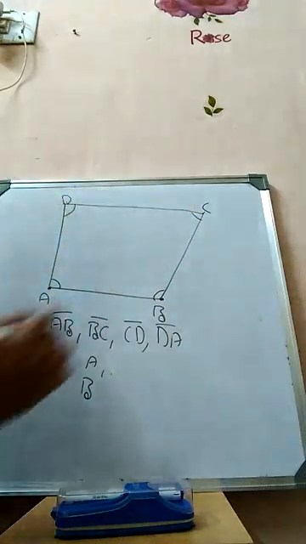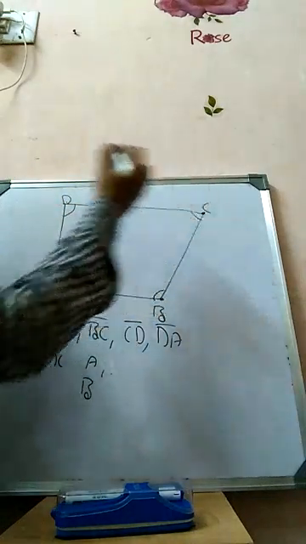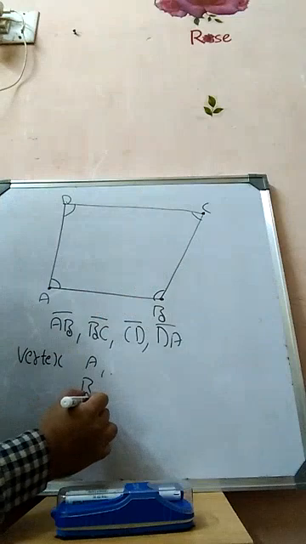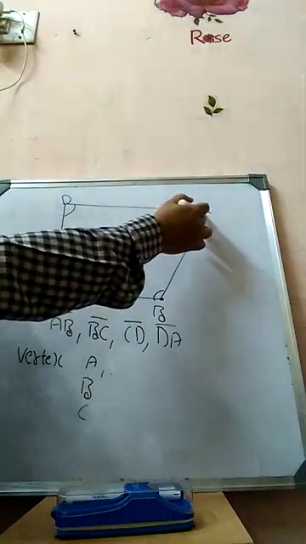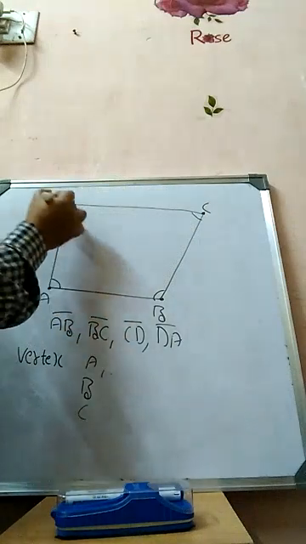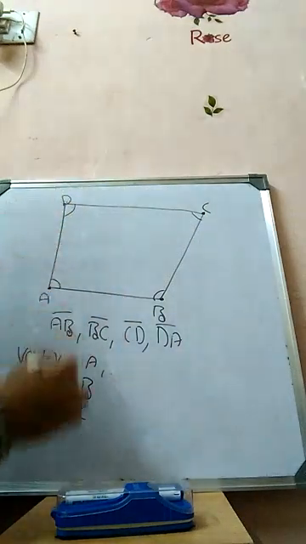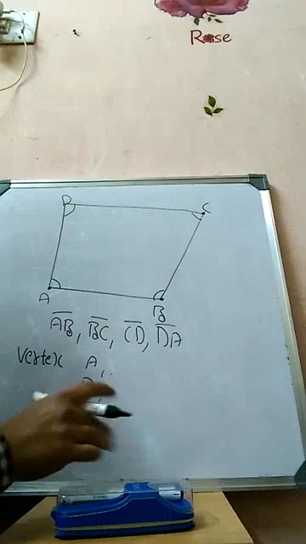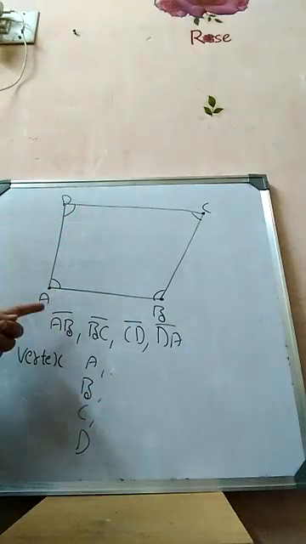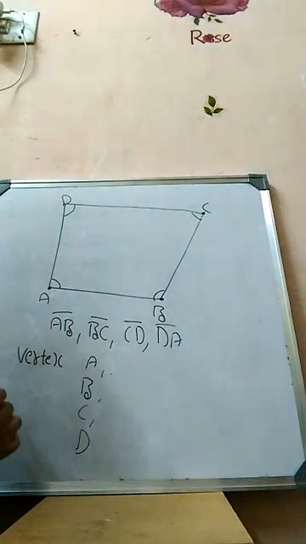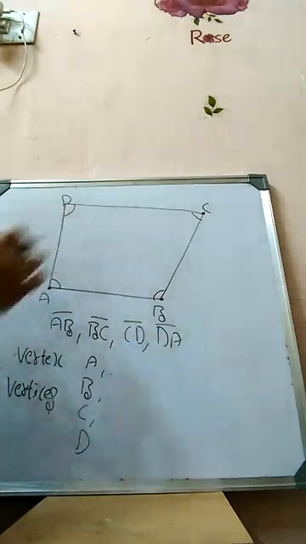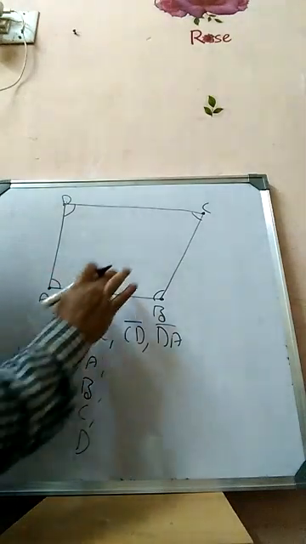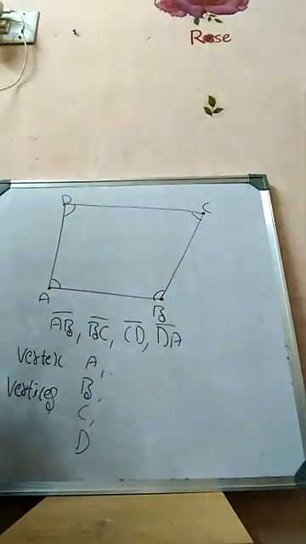BC and CD both meet at one point, that means at C, one more vertex. And next CD and AD both meet at one point, that means at D, one more vertex. So how many vertices does it have? The plural of vertex is vertices. It has 4. So this quadrilateral has 4 sides and 4 vertices.